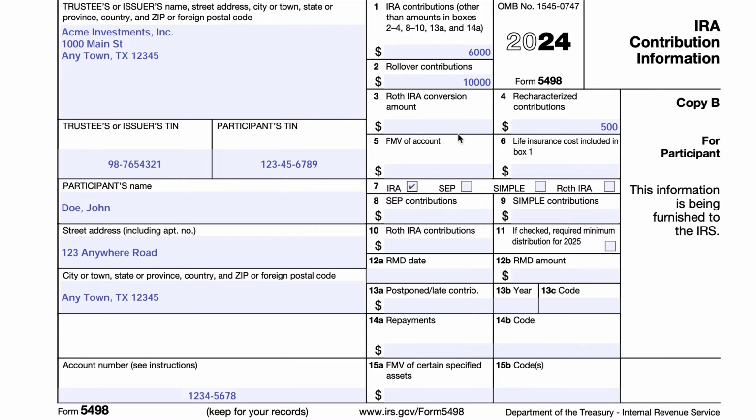And then if he did a Roth conversion, he would receive a Form 1099-R from that traditional IRA because that's money coming out. But because it's a Roth conversion, it would go into the Roth IRA, and he would receive a Form 5498 for the Roth IRA as well.